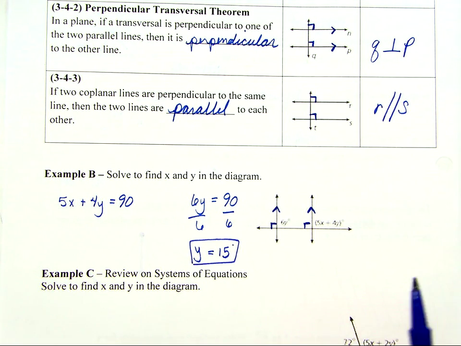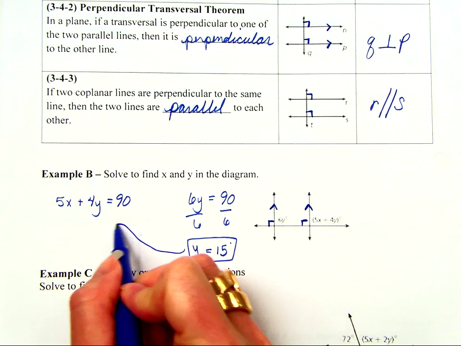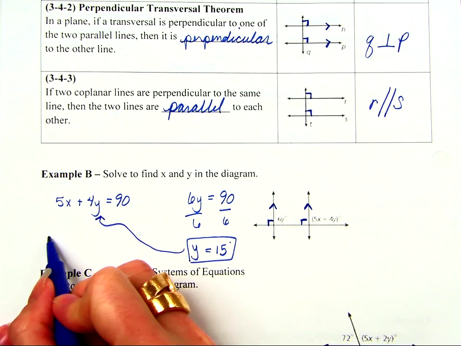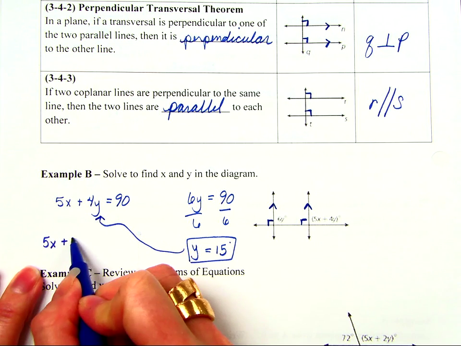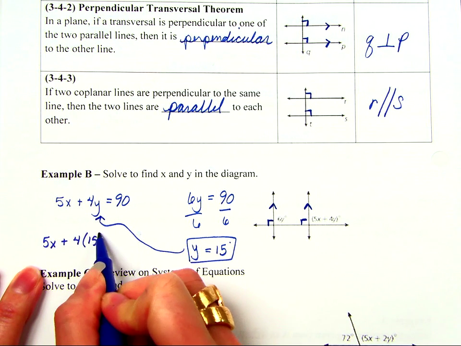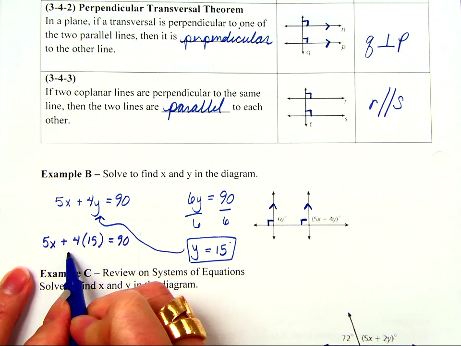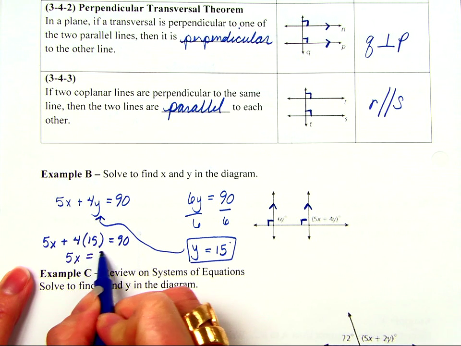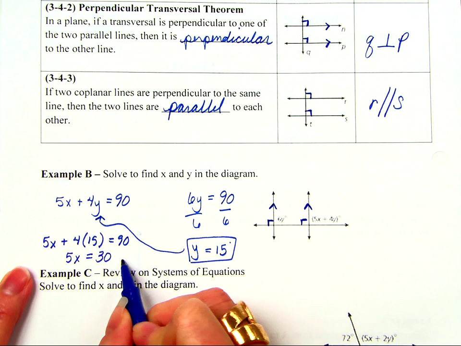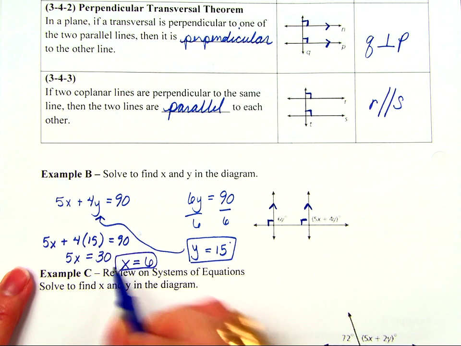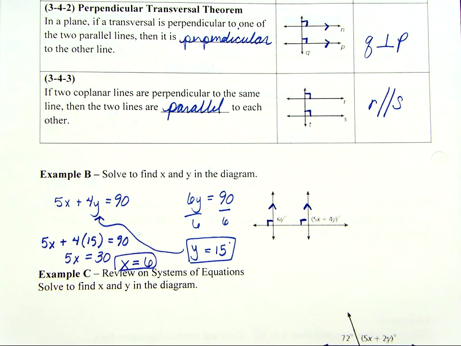And now I'm able to substitute that into my second equation. So we can say that 5x plus 4 times 15 must also equal 90, or that 5x equals 30, so x must equal 6. And of course, we could always check that answer by substituting it in.